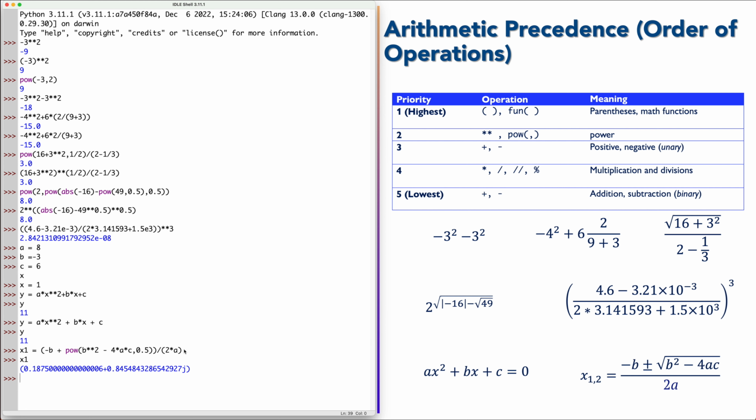Again, we can do the same thing with the negative. So x2 this time will be minus, and that's it. So if we print x2, we get the other, which is the complex conjugate of the previous solution. So these are the ways we can express mathematical formulae in Python.